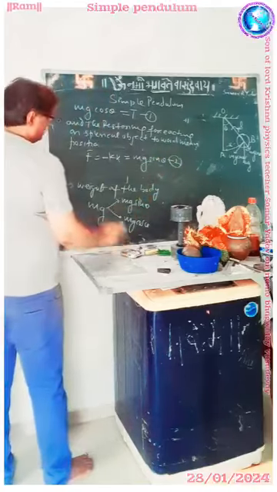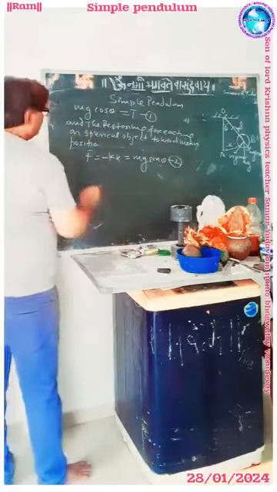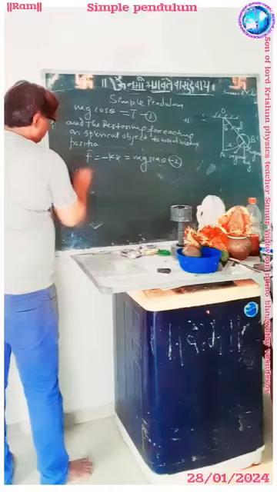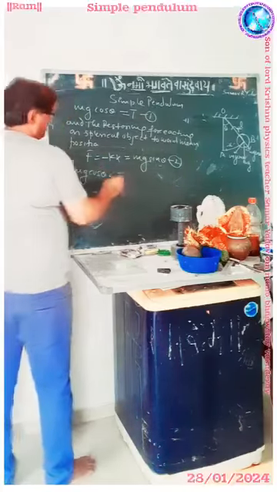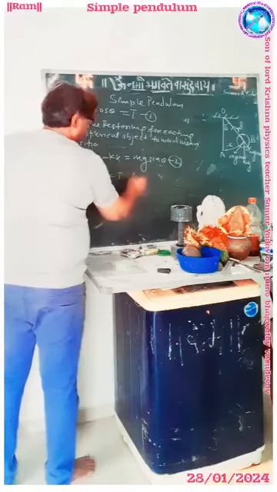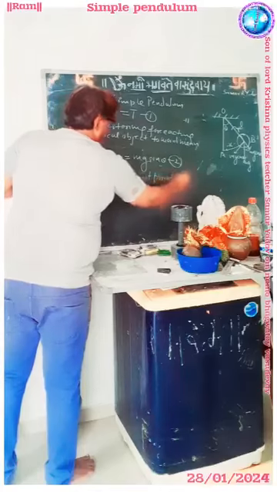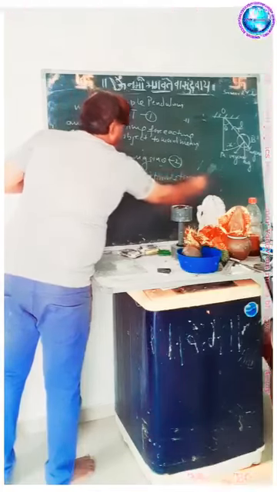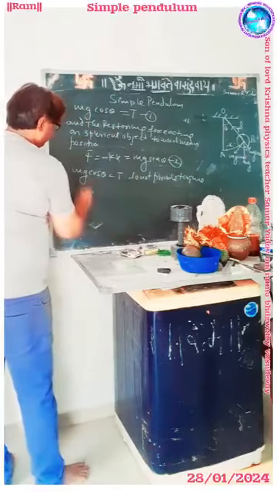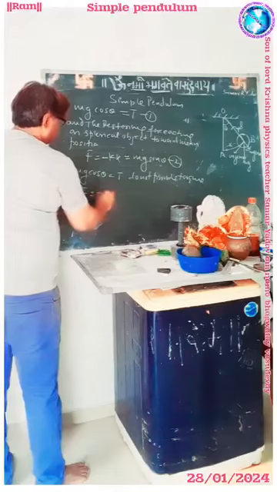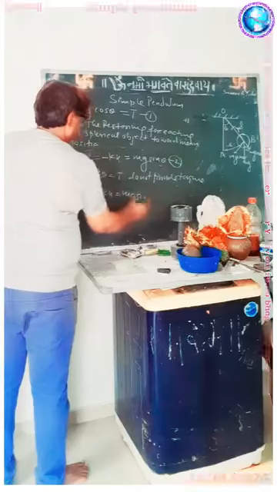But mg cos theta does not provide any rotational motion, so T equal to mg cos theta does not provide torque. Therefore, we can use here F equal to minus kx equal to mg sin theta.